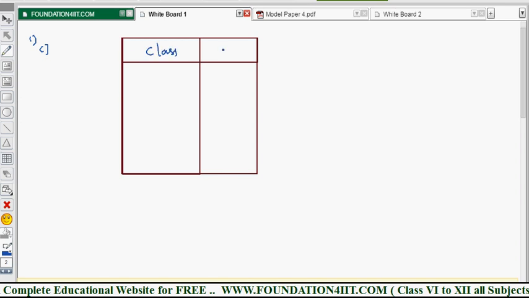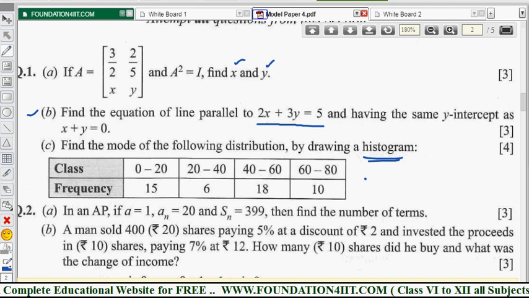According to the given question, the classes are 0 to 20, 20 to 40, 40 to 60, and 60 to 80, and the frequencies are 15, 6, 18, and 10. Okay, this is the given table.